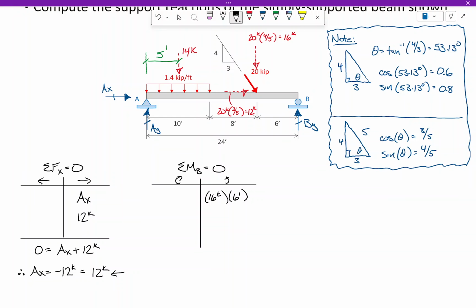Okay. What about the 12 kips? Do I need to consider the 12 kips? No. And I do want to make just an artistic statement right here. Some of you might say, wait a minute, the load is on the top of the beam and the roller's on the bottom of the beam, so isn't there a little bit of a distance there? Yes, if you consider the validity of my artwork here.